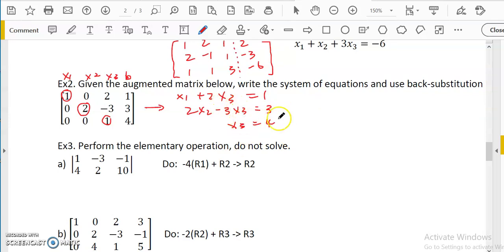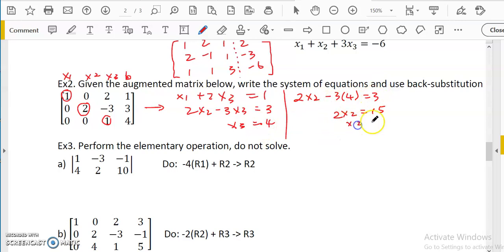quickly to solve it. Meaning now I write it up, I will say, well, x3 is already solved. So I can solve x2 by saying 2x2 minus 3 times 4 equal to 3. So 2x2 would equal to 3 plus 12 is 15. What? Oh, 4. Is this 4? Okay, so this is 3.